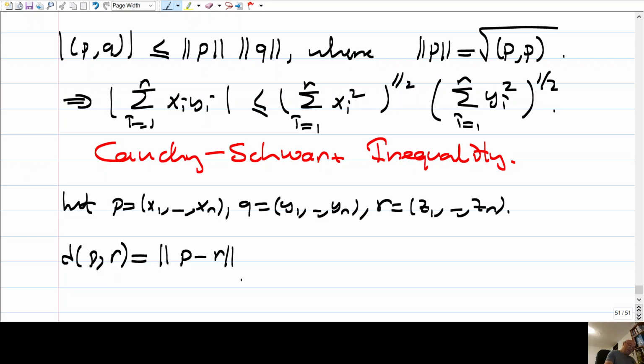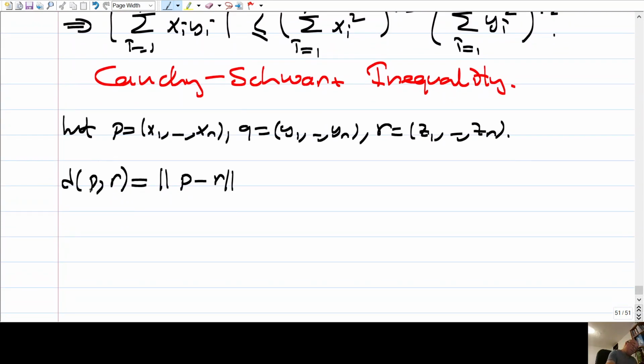Because this is by definition the sum of all of the xi minus zi squared, and then the square root.